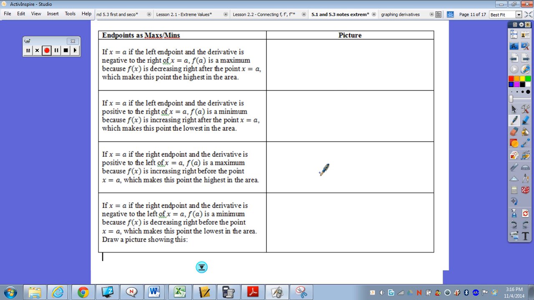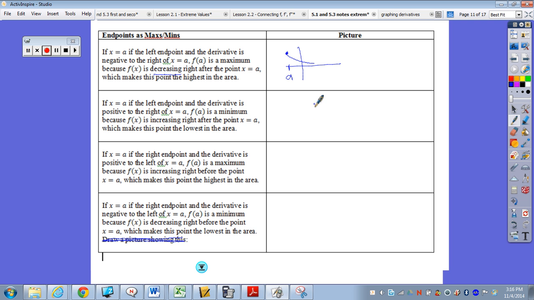So then max and mins also occur at endpoints, so they occur at critical points or endpoints, and there's 4 examples, and this last line is not in your chart. So on here, if x equals a is a left endpoint, so on the left side, and the derivative is negative, which means that my function is decreasing, this point is going to be a max, because f of x is decreasing.